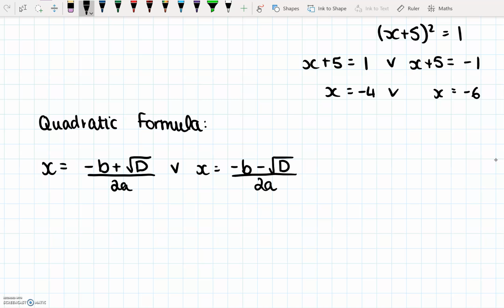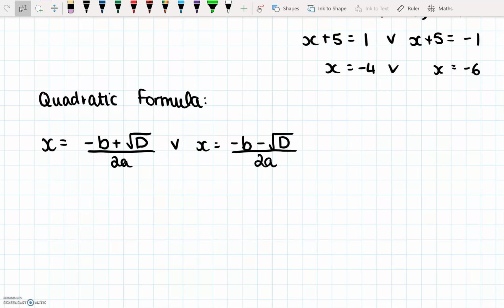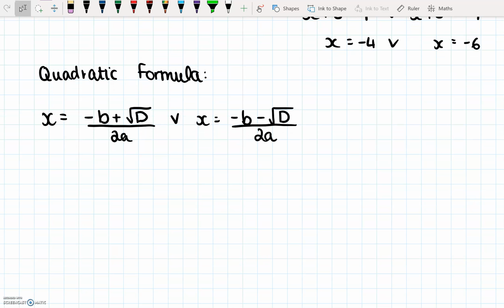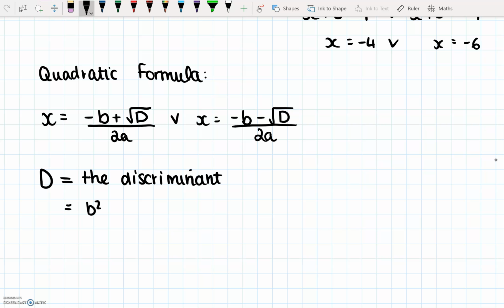Firstly, we need to know what d is. Your b and your a, you can read out of your equation, but we also have this thing that is d, and that's important as well. d is what we call the discriminant, and we will talk in the next video about what that means and what it does for the formula. But for now, d is the discriminant, and its formula is b squared minus 4ac.